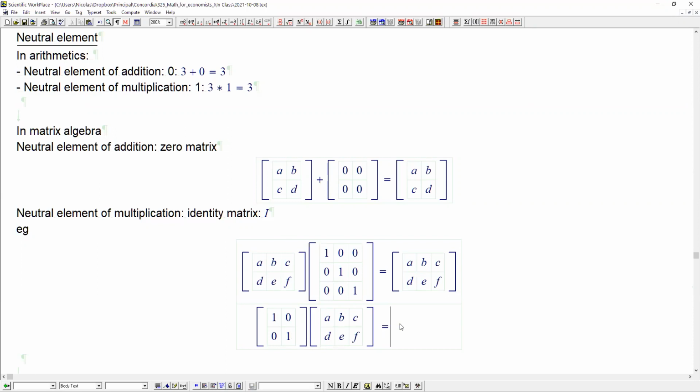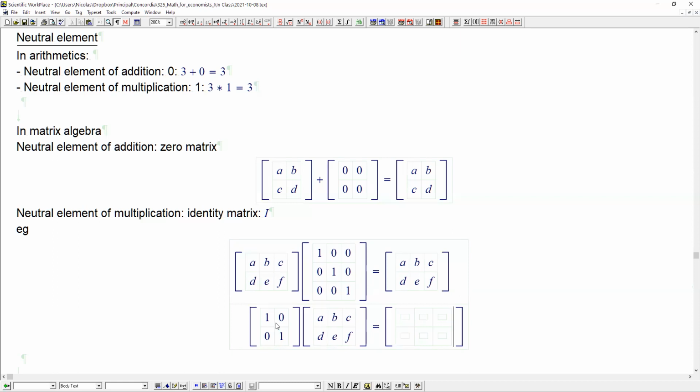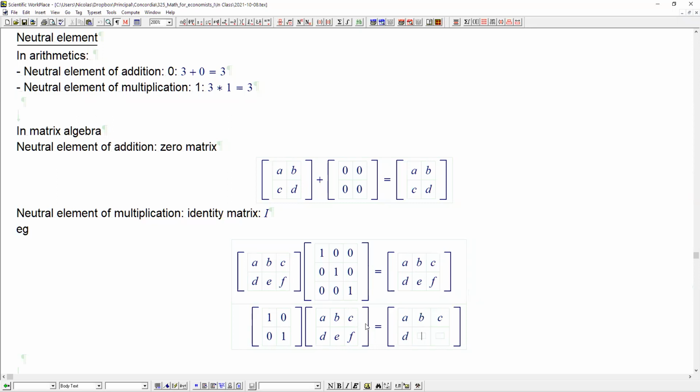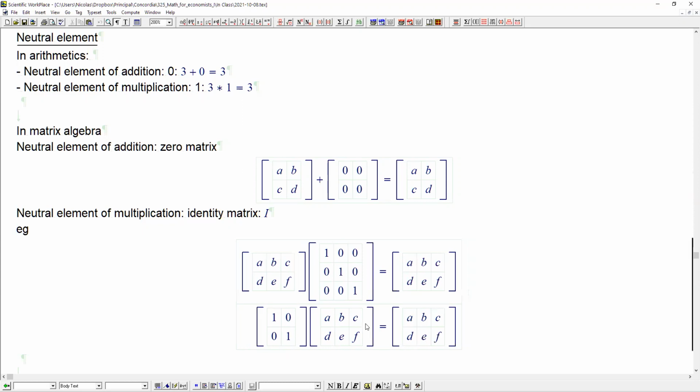And then what do I get? So I get two rows and 3 final columns. And you can see that the first row is 1, 0 times A, D, so it's A. Then B, C, D, E, F. So that's the neutral element of multiplication.